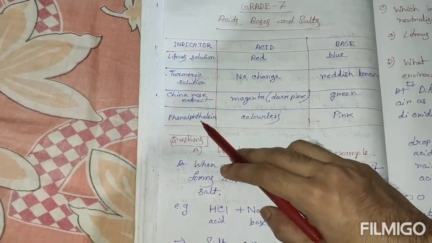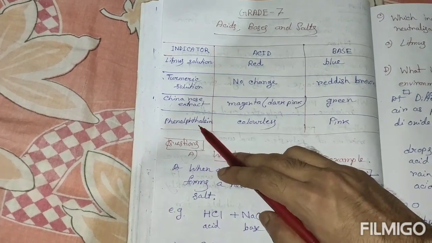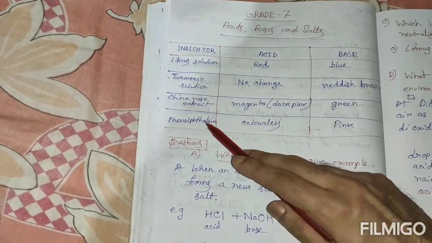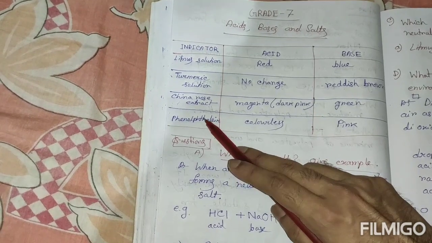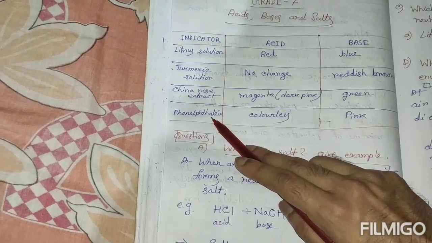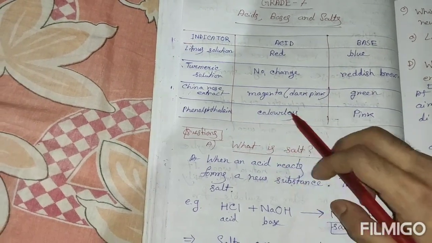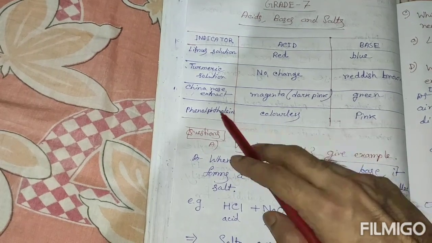Phenolphthalein, I think you are not familiar with this indicator. This is an important indicator, a synthetic indicator. It is used to detect the neutralization reaction. I will discuss it later. So just remember that phenolphthalein is one kind of indicator, and when it is added into acid solution, it changes to colorless. There is no change of color, it remains just like water.